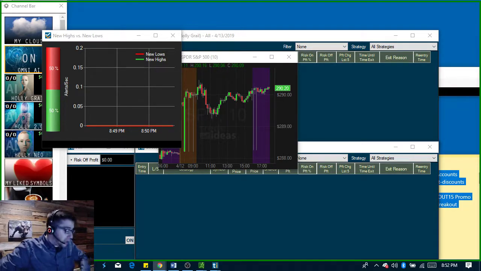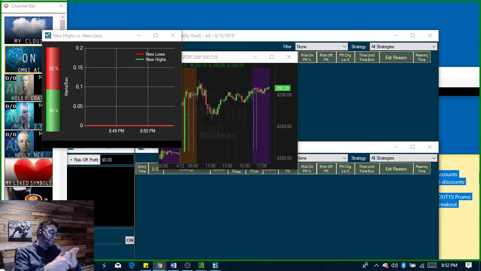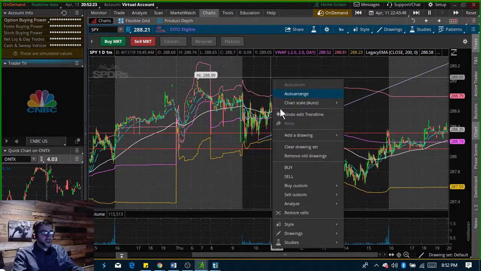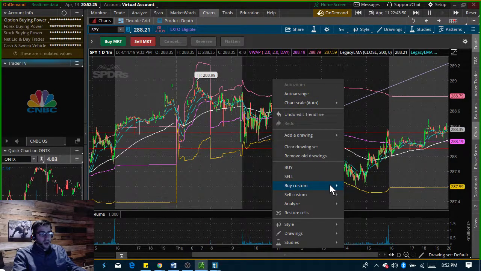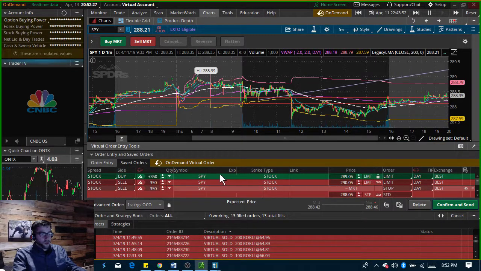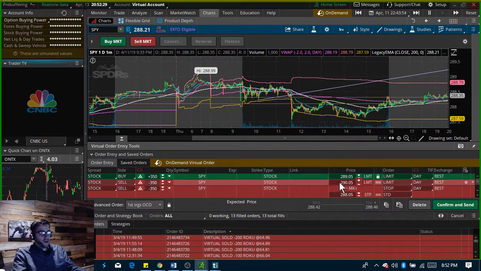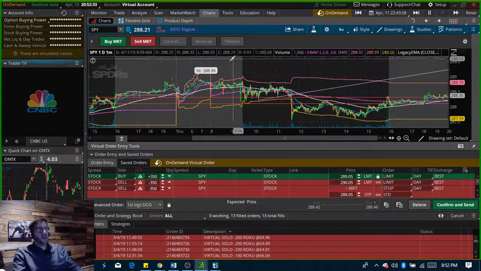If you would like to join my private room, get text alerts, and get the private OCO orders, which are orders that have entry, stop loss, and exits that you can literally put in with something called an OCO order, which is a custom OCO bracket, and you literally put all that stuff in. It could be this price, and this price: your stop loss, your target, and your entry.